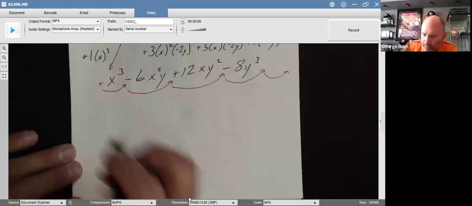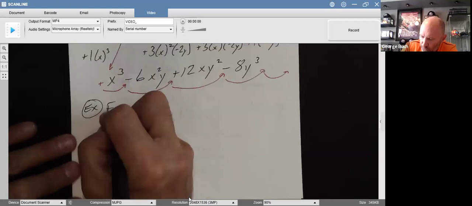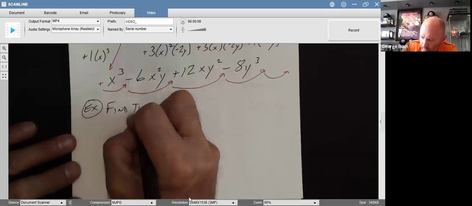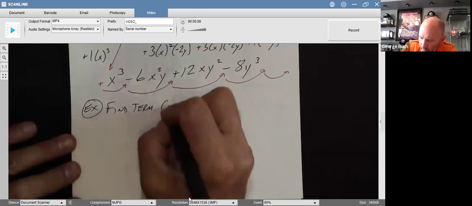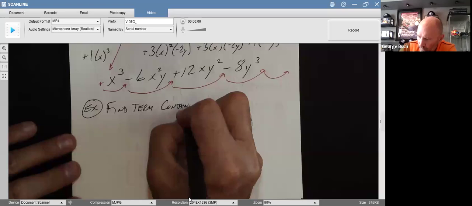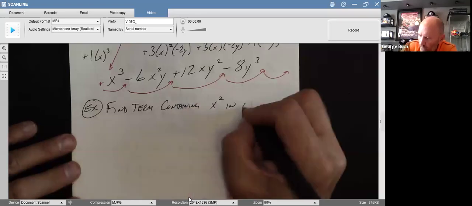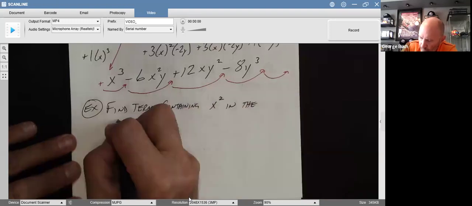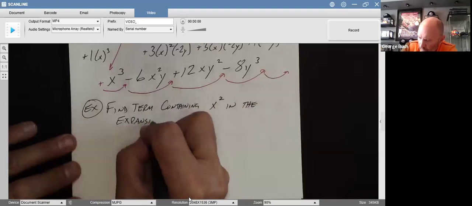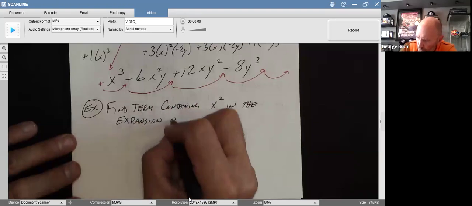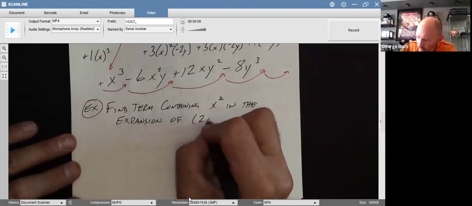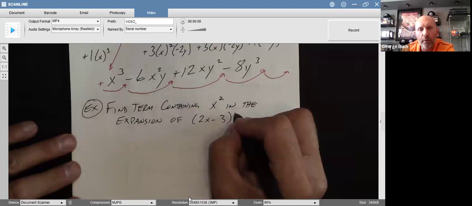And then lastly, find the term containing x squared in the expansion of 2x minus 3 to the 10th power.